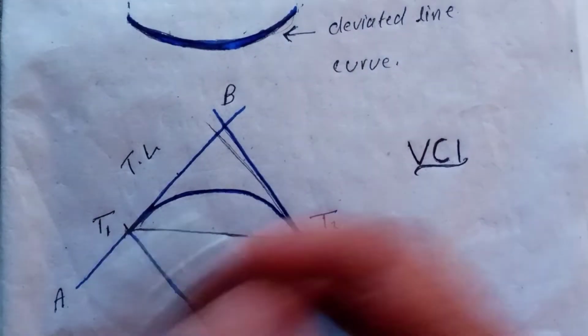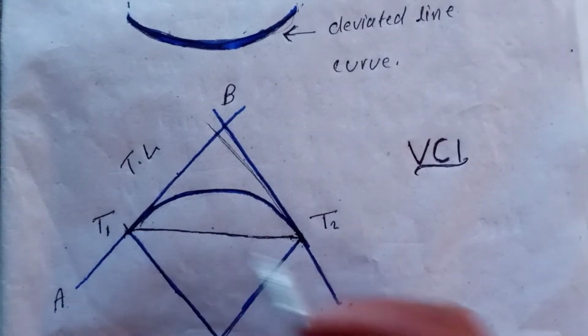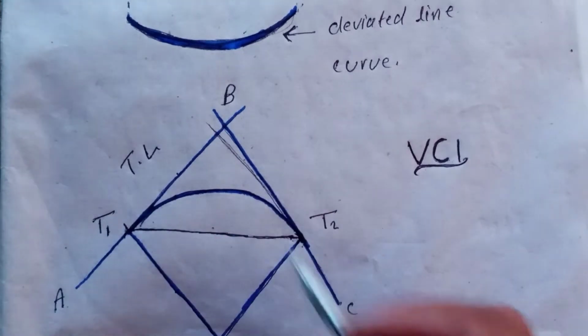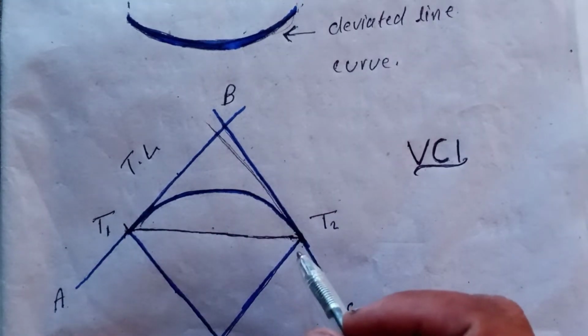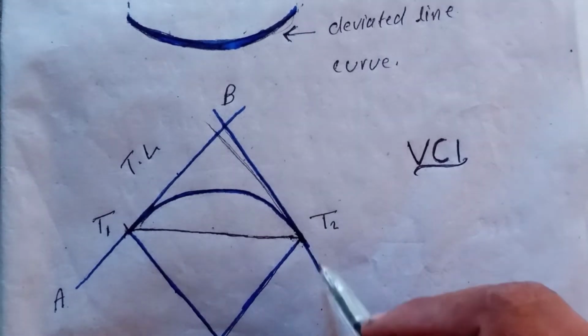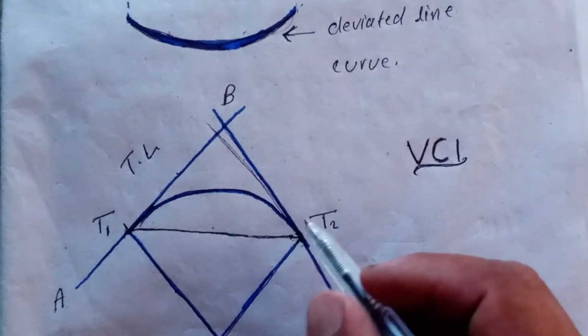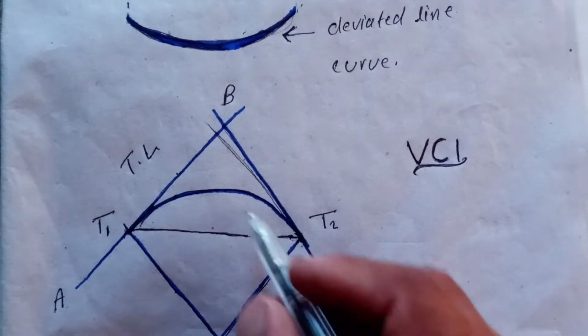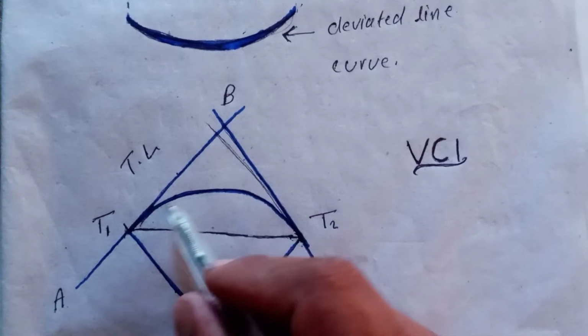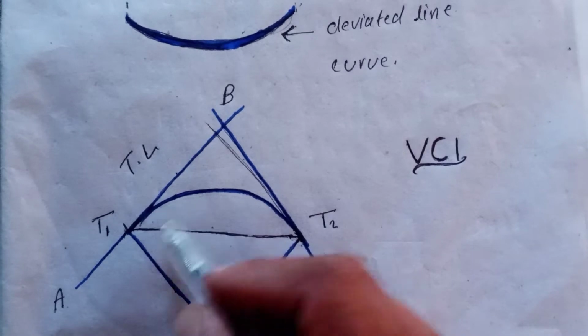We use curves in roads and railways to connect two straight lines, or two tangent lines. When a vehicle or a car is going in this direction, but we want to change the direction gradually, we provide a curve. As you can see here, we have provided a curve here. So this is a curve.